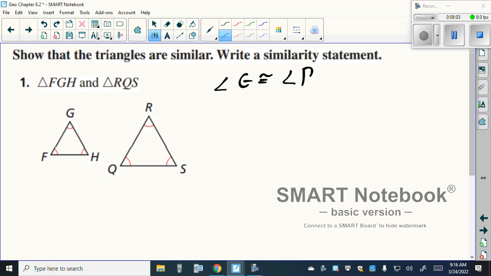R, because they have the same number of marks, yes? So I need another angle F. We could, but how many angles do I need? Do I have 2? So can we say these two triangles are similar?